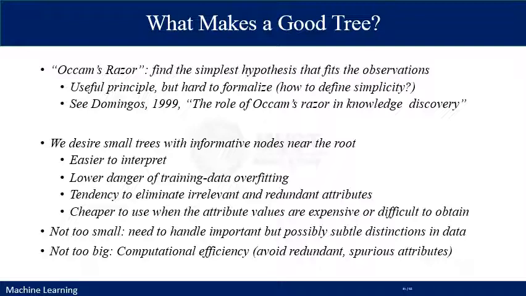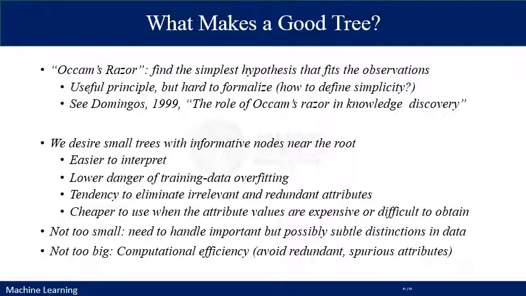Several authors have proposed strategies, and one famously known strategy is using Occam's razor. It finds the simplest hypothesis that fits the observations. It is a useful principle, but it is hard to formalize as it is very difficult to find the simplicity of the trees.